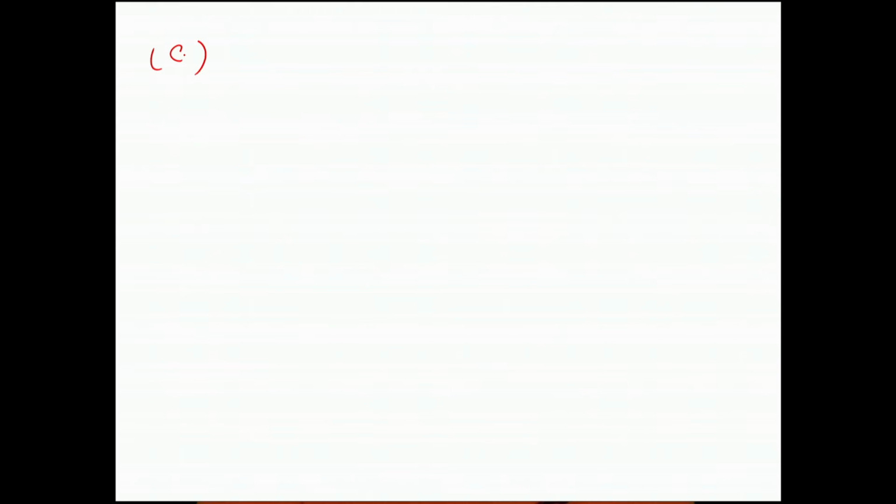Now part C. If I want to find the conditional probability, A conditional on B, first of all, we just write it down.